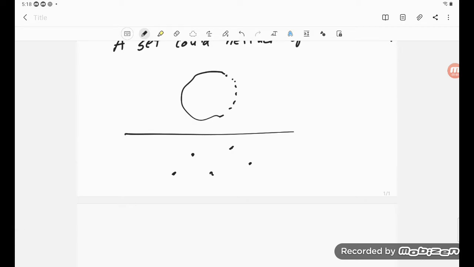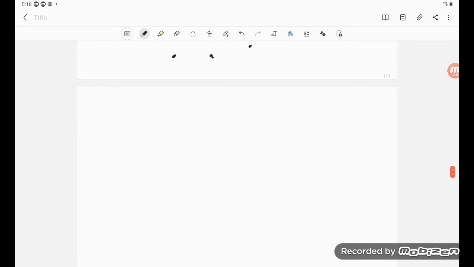Okay. Let's see. And we should mention the empty set. Often denoted this way.